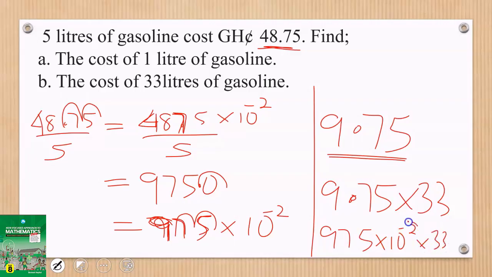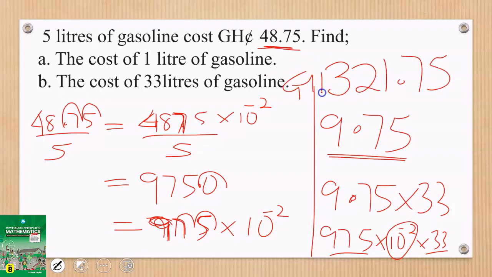So now you keep this one aside, multiply this by this, then the answer you use it to move the decimal point. So when you take your time and you do this nicely, which I would like you to try on your own, you end up getting your answer to be 321.75 Ghana cedis. So that is the cost of 33 liters.